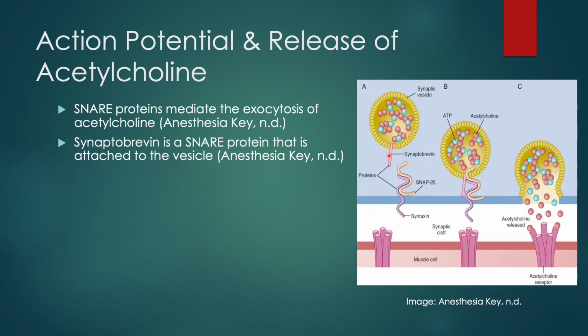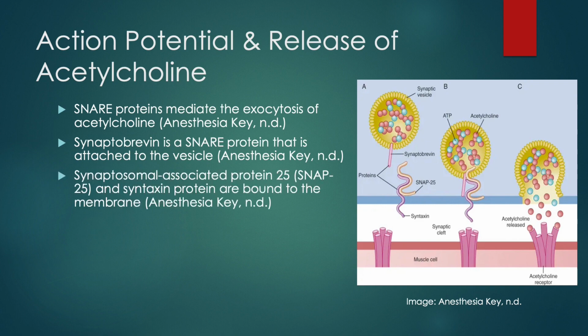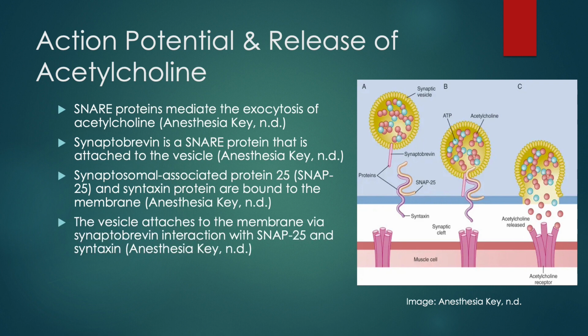So here you can see the synaptobrevin is attached to the vesicle, and then there are 2 other proteins, synaptosomal-associated protein 25, also known as SNAP25, and syntaxin, which are bound to the membrane. And so these 2 are right here on the membrane. As the vesicle approaches, it attaches to the membrane via the synaptobrevin interaction with SNAP25 and syntaxin. They form this connection, and that's going to hold it to the membrane.